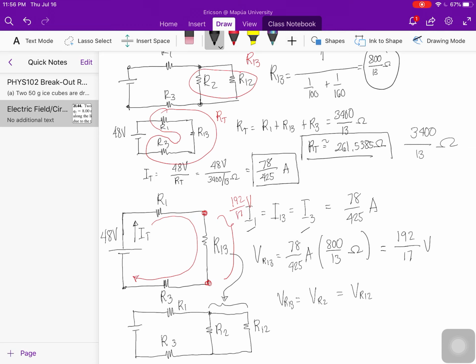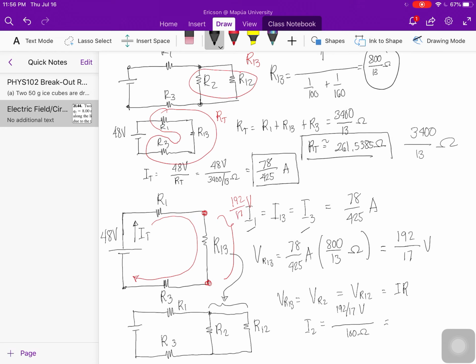Okay? So, we could now compute for the current passing through it. Ibig sabihin, that is equal to the voltage divided by the resistance. So, I could now compute for I2 equals voltage on R2, 192 over 17 volts, divided by R2, which is 100 ohms.